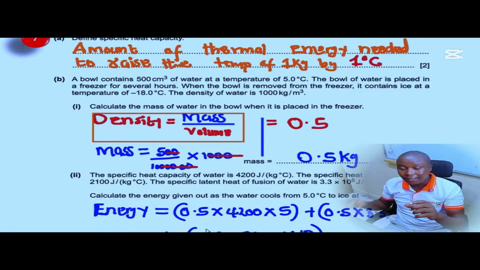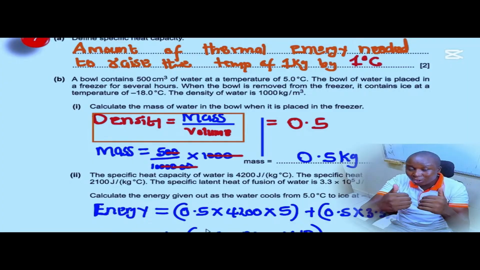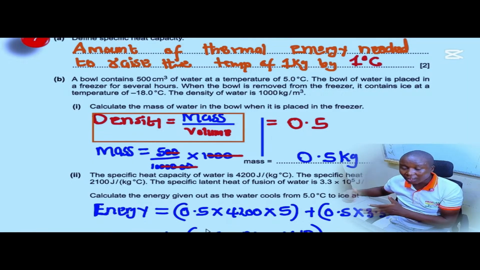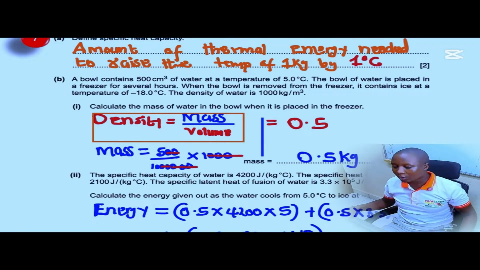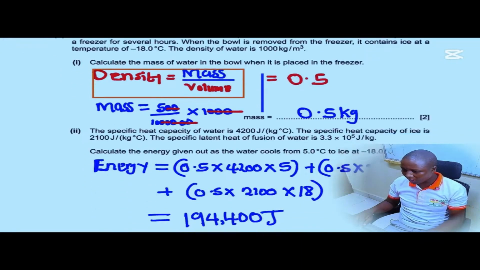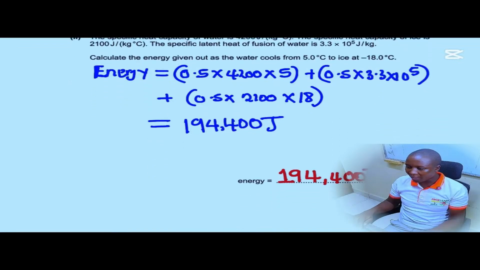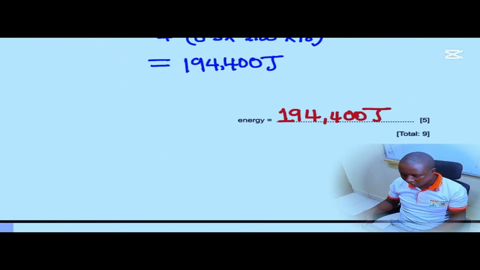Then plus, now when ice is dropping its temperature from 0 all the way to negative 18, the temperature change there will be 18. So we are going to use the mass of ice times the specific heat capacity of ice times 18. So if you work it out, you are going to get your answer equivalent to 194,400 joules of energy.